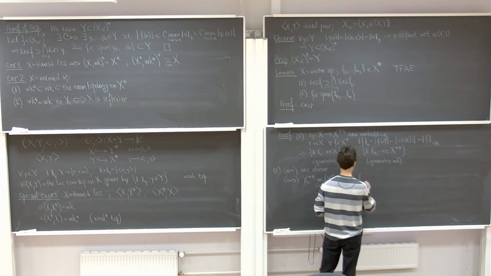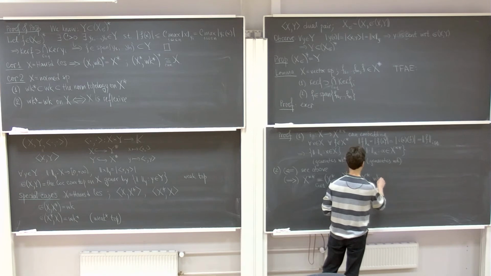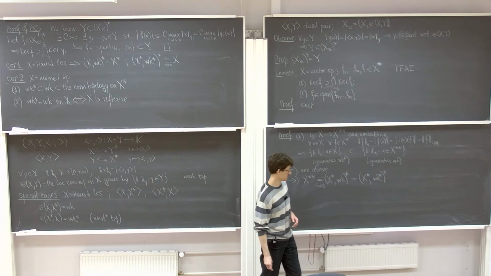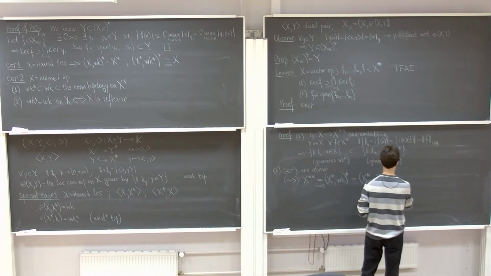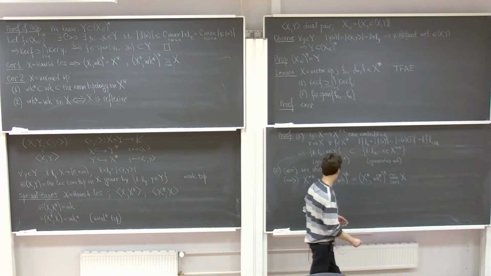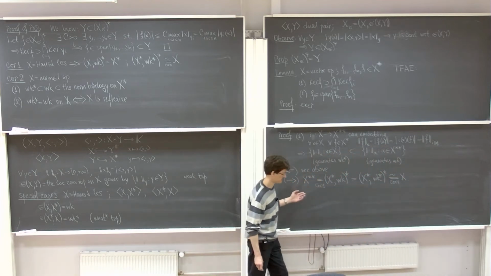Well, now we use our assumption. We replace now the weak topology by the weak star topology. And again, we apply corollary 1. So by corollary 1, this is canonically isomorphic to X by means of the canonical embedding. But this means exactly that X is reflexive.